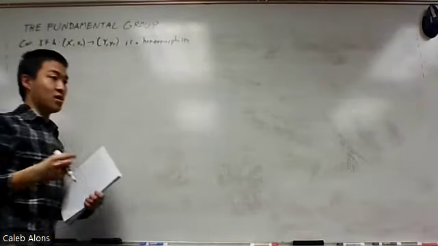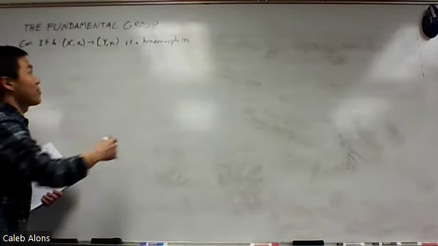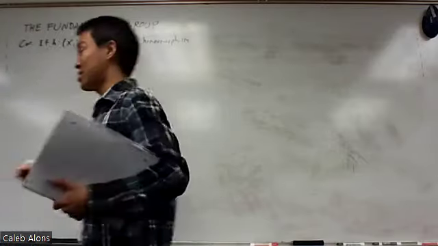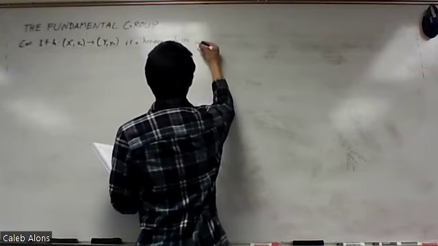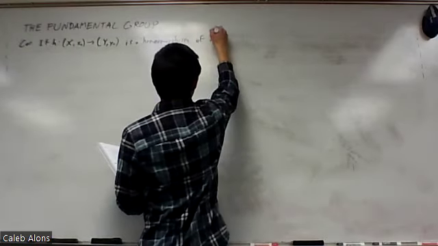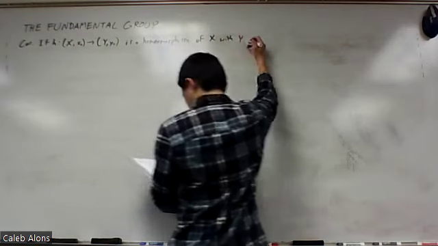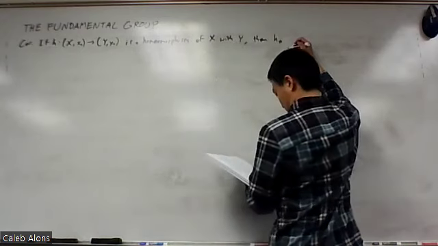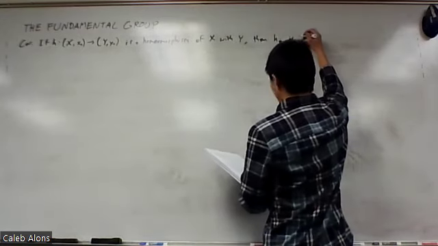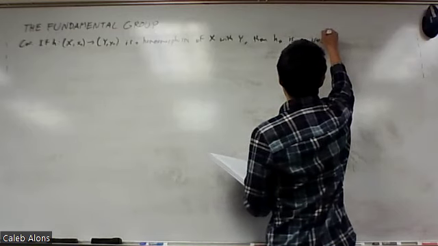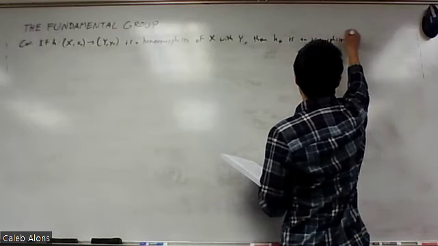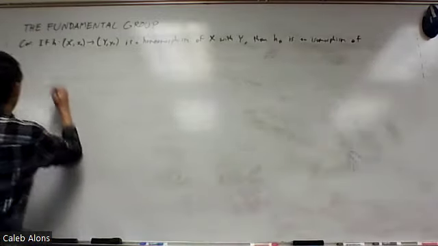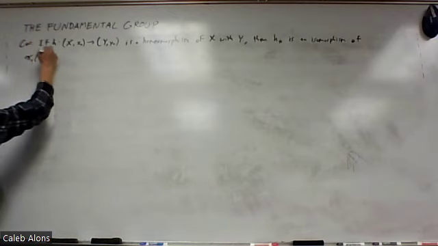So isomorphism is an algebraic structure preserving map. Homeomorphism is going to say topology preserving map. So it's the same idea of X with Y. Then the induced homomorphism is an isomorphism of the two fundamental groups with each other.